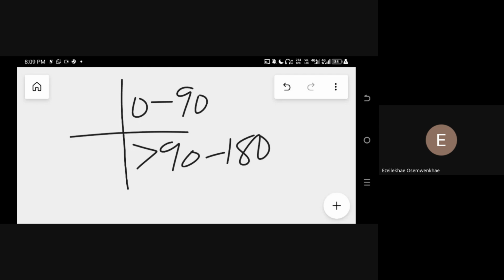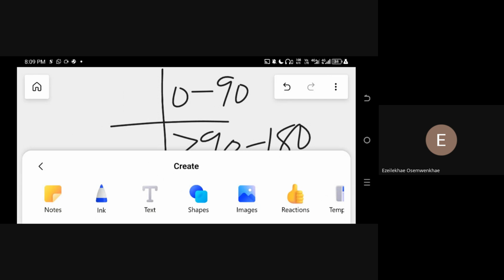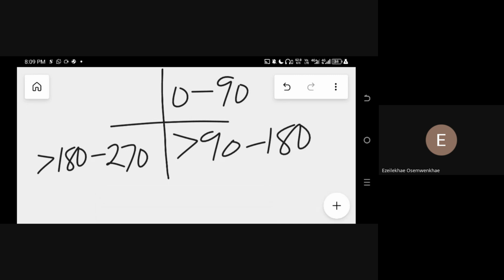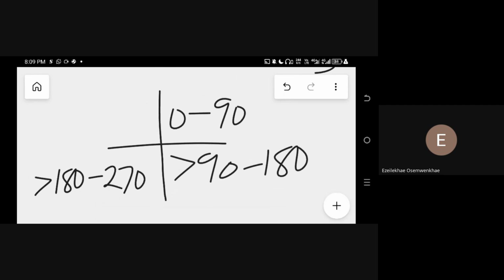Because once you pass this south, you have angles greater than 180, yes, exactly. Greater than 180 to 270. That is the word I was looking for. Yes, because angles that are now bigger than 180, that's what you can have in the third quadrant.